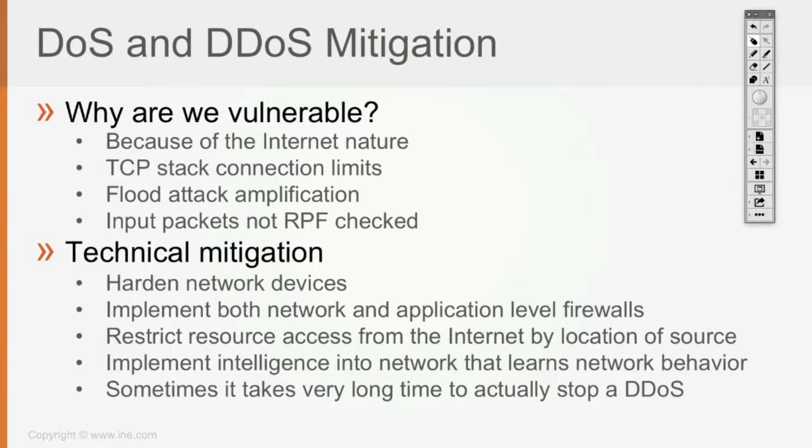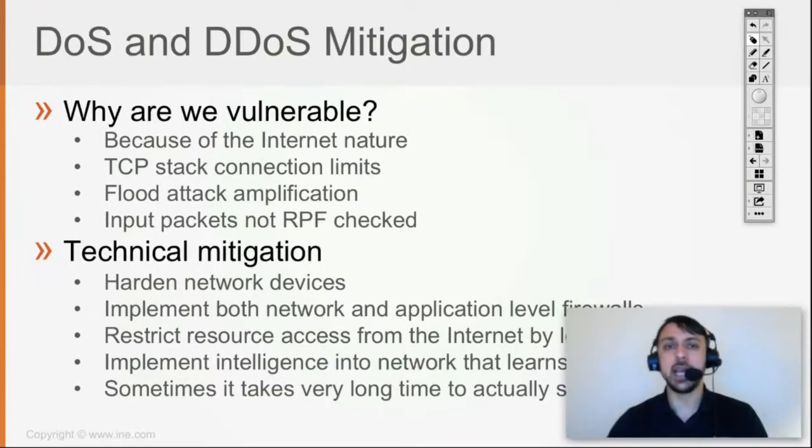Sometimes though it takes a very long time to actually stop a DDoS attack. Like in the case of those two attacks I have shown you, the problem was not how the attack was deployed, by using DNS reflection or by using Amazon Web Services and putting up a lot of virtual machines as sources of the attacks. The problem of those two attacks was not the mechanism, but the high bandwidth of the attack.